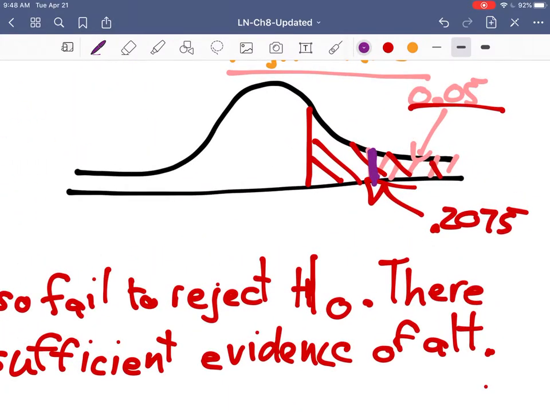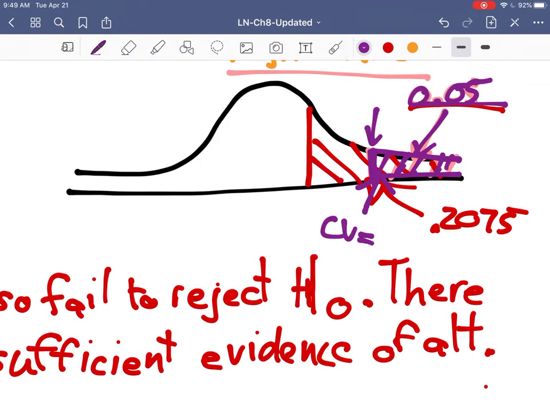The critical value is the value right here that has that area of 0.05 to its right. So the 0.05 is a significance level, but the critical value is this value right here. That is our critical value.